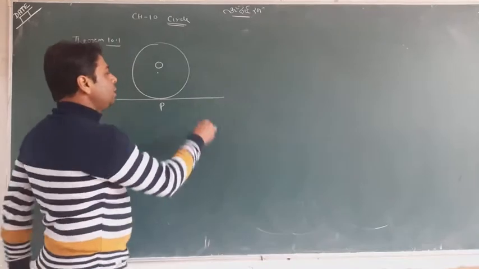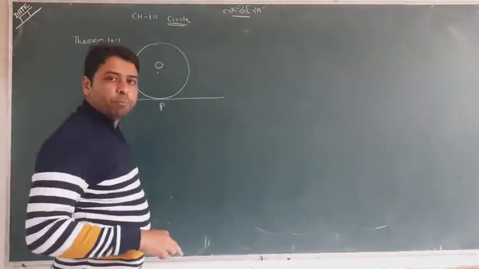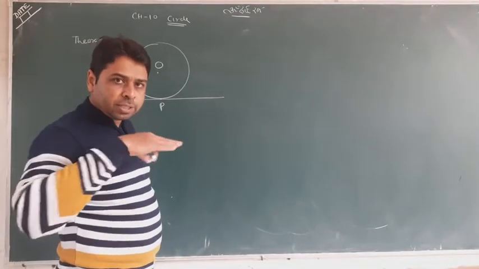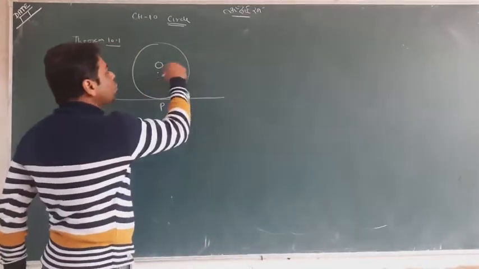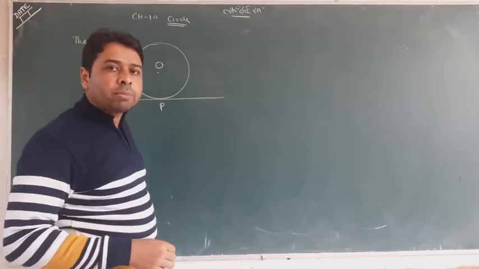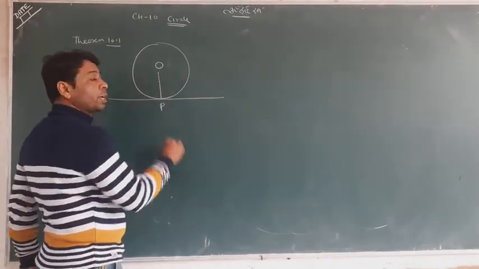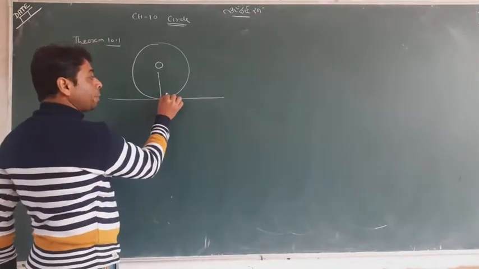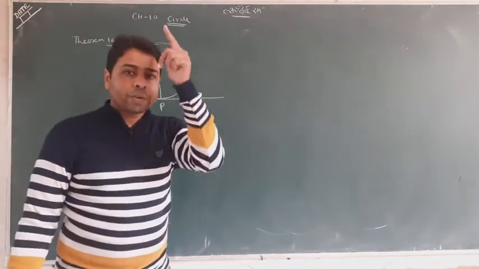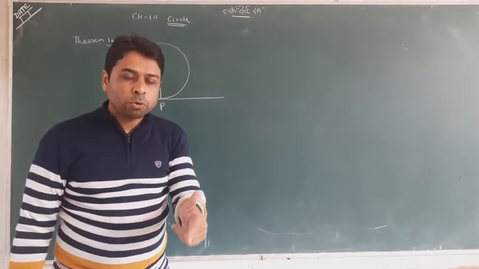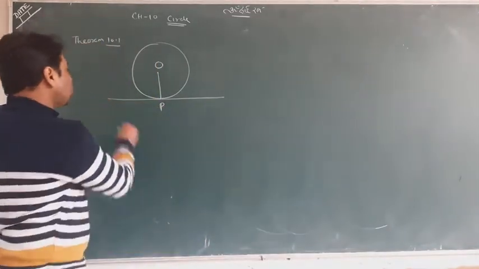The tangent is perpendicular to the radius, but we have lots of radii, so it is talking about the radius which passes through the point of contact. We have to show that this is perpendicular, that the radius through the point of contact is perpendicular to the tangent.